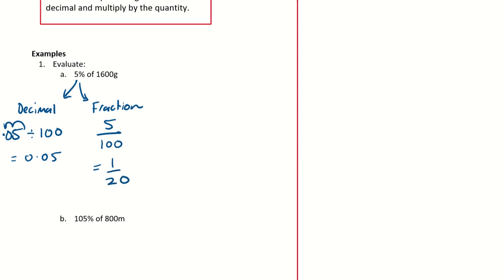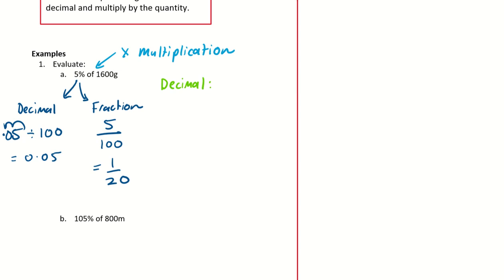Now the word of in these scenarios, okay, because I'm looking for 5% of 1600 grams, it's going to be multiplication. That's the operation we will be using. So there's a few steps to these questions. All right, so let's attempt it. So I'm going to start off with the decimal way.